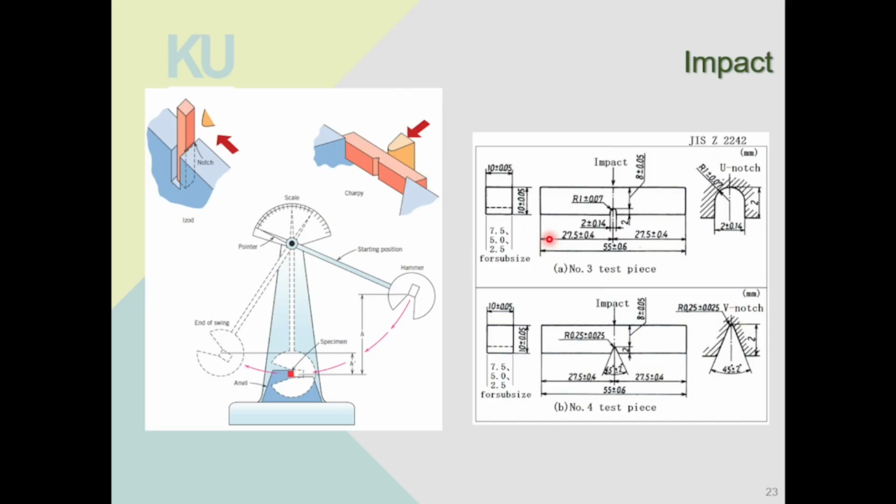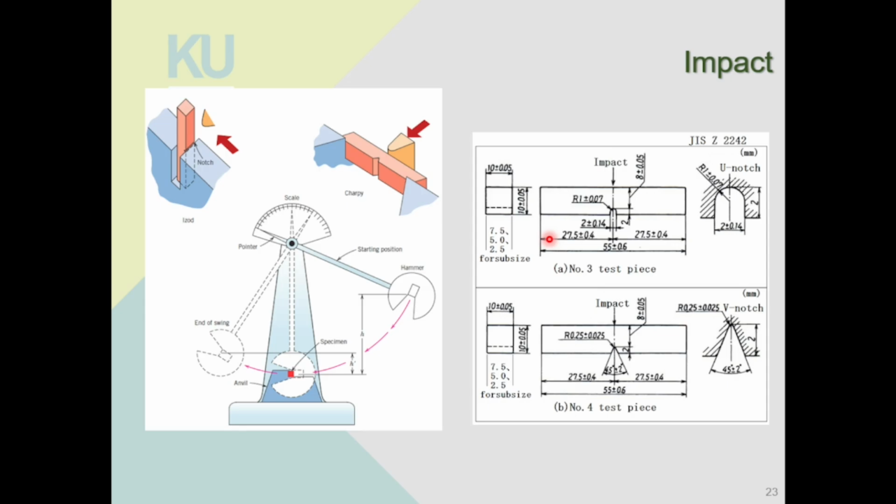So you know the potential energy of that hammer. Once you let that hammer go, all that potential energy will transform into kinetic energy and it travels down and hits your specimen. After the hammer hits the specimen, the hammer will travel up. How far the hammer travels up depends on how much energy the specimen absorbs. If your specimen absorbs a lot of energy, the hammer will go up only by this amount, h prime.